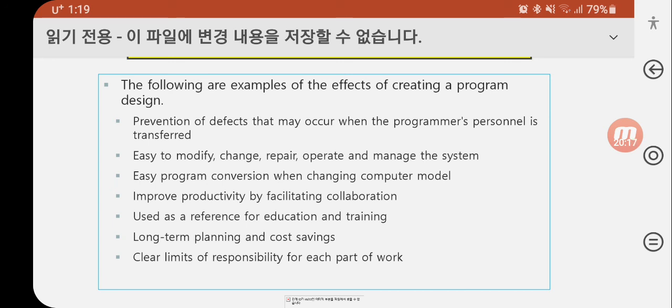Easy program conversion when changing computer model. Improve productivity by facilitating collaboration. Used as a reference for education and training. Long-term planning and cost savings. Clear limits of responsibility for each part of work.